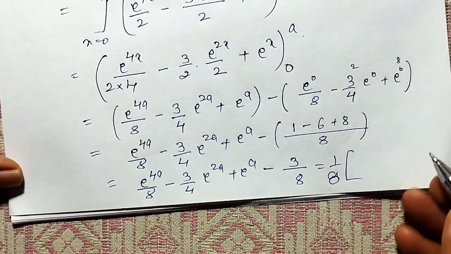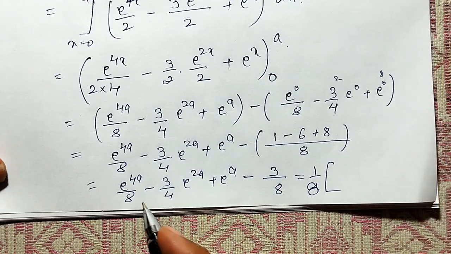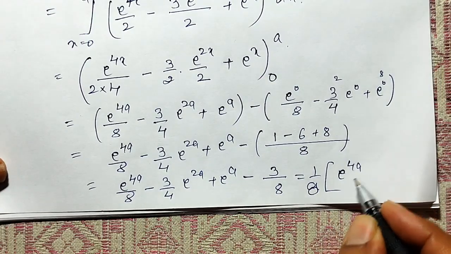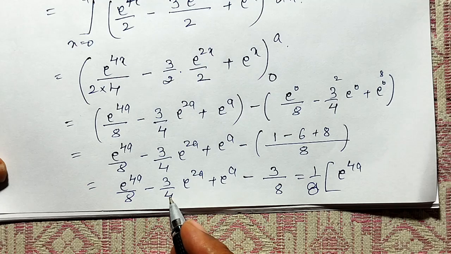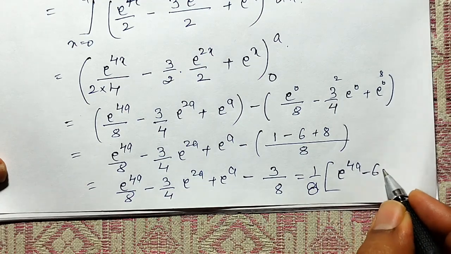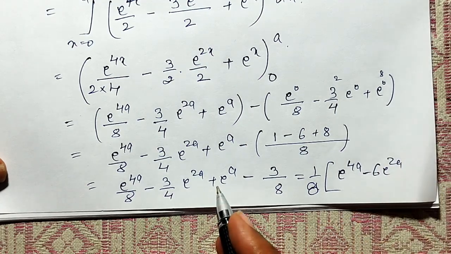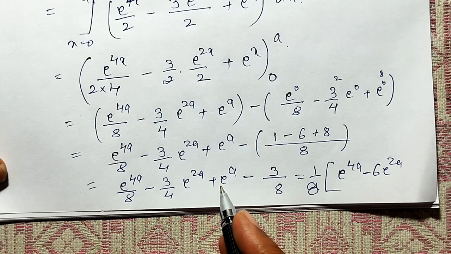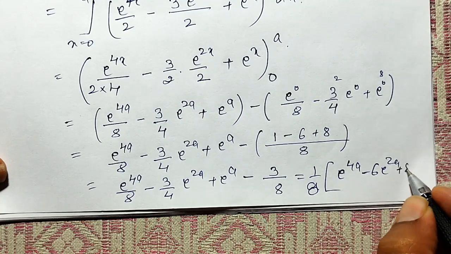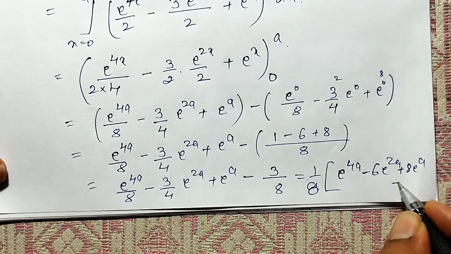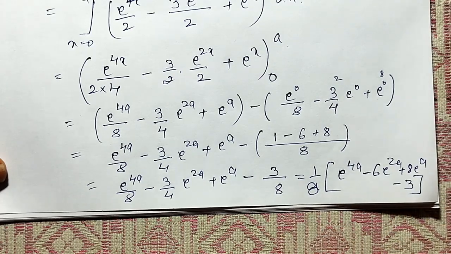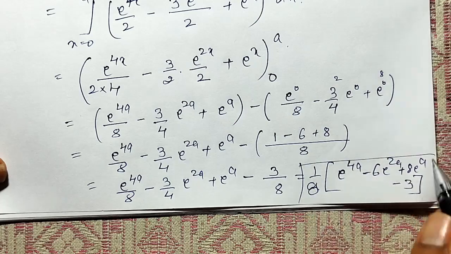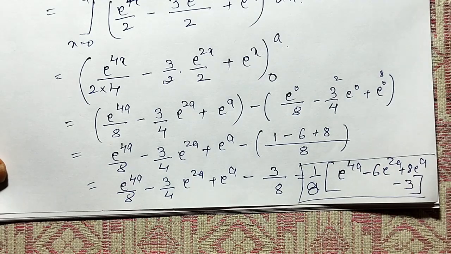If I take 1 by 8 common, I can write this one as e raised to 4a, and here 4 is there, I have to make it as 2, therefore it will become minus 6 e raised to 2a, and divided by 1 is there, 8 I have to make, therefore it is plus 8 times e raised to a minus 3, because the denominator already 8 is there. This is my required final answer for this one.